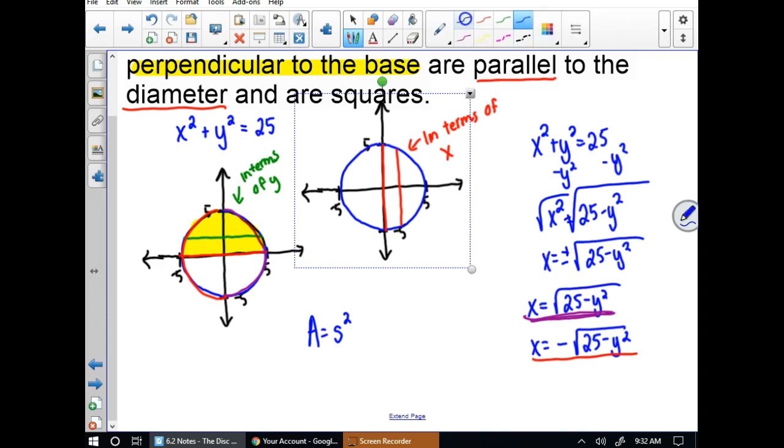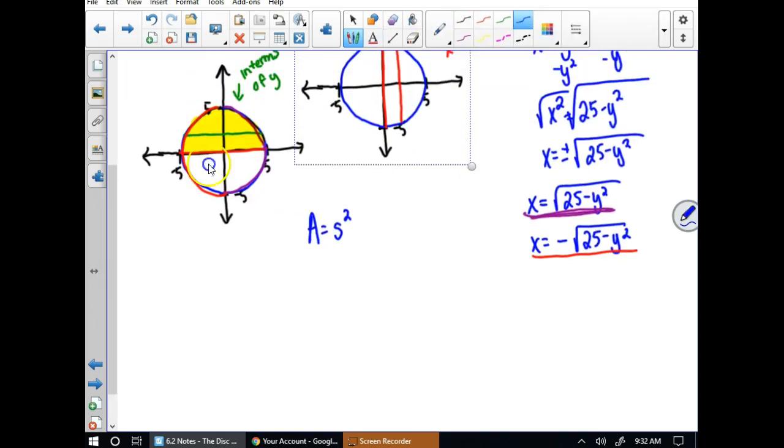So if we are doing this in terms of y, we're going to do right minus left. Okay? Instead of top minus bottom, it's right minus left when you're in terms of y. So we will integrate, and then we'll have the right, which is the positive square root of 25 minus y squared, minus negative square root of 25 minus y squared.